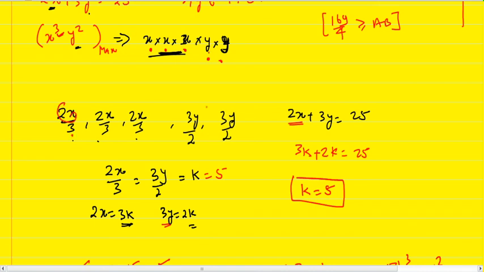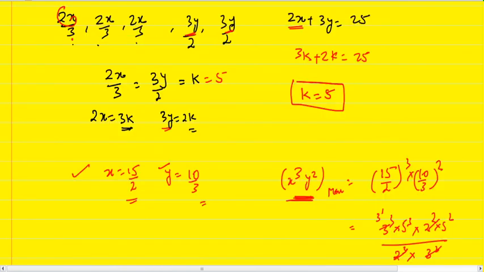For y I had a square, so I must divide the y term with 2. This method helps us in finding out at what values of x and y the minima or the maxima is being achieved. That is the benefit of this method. One more thing: once you make it equal to k, do not cancel the coefficient of x and y. It is going to fit the equation perfectly.